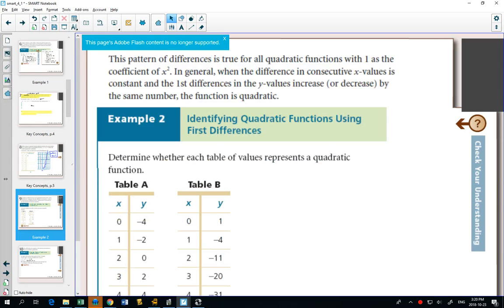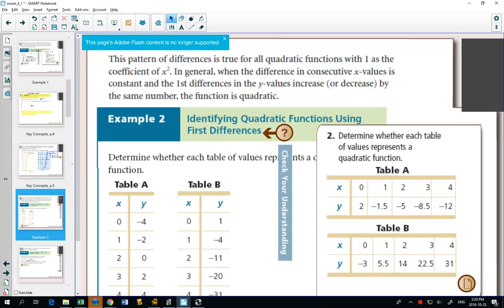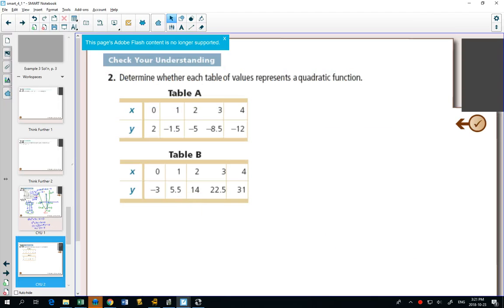So here's example 2. Okay, what we're going to look at is what happens with the y values and try and determine whether or not these are quadratic or not.